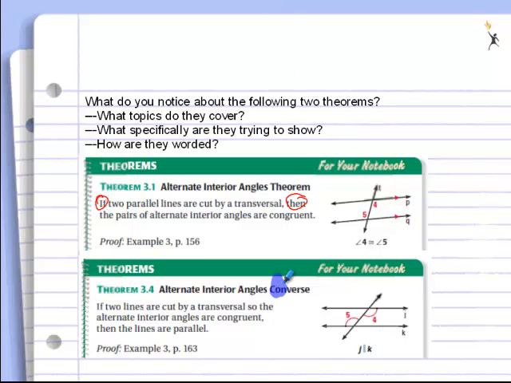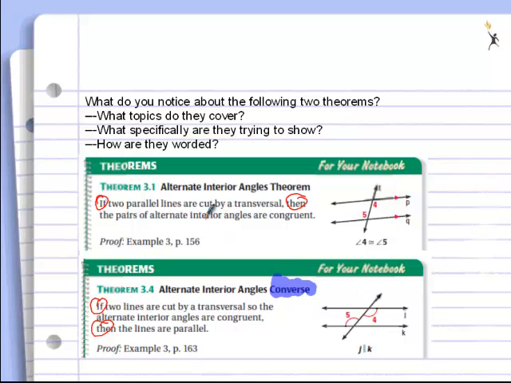This is something very important that we're going to talk about in a second. Let's read it. If two lines are cut by a transversal so that alternate interior angles are congruent, then the lines are parallel. Let's look at what these two statements do. One talks about two parallel lines cut by a transversal. And again, I know that you don't know what they mean. Don't worry about it. Let's just look at the wording.